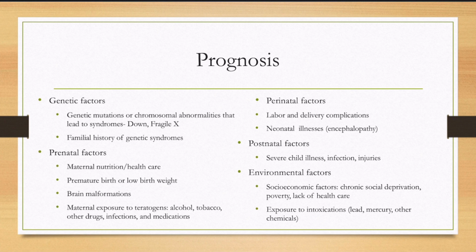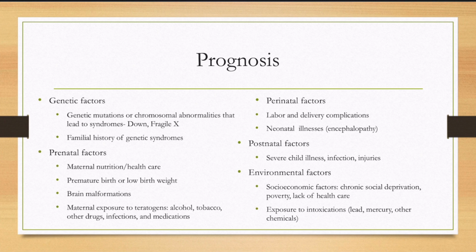We can also see deficits following complications with delivery. So, if there's a loss of oxygen to the mother or to the fetus, rather, this can lead to brain damage or any other neonatal illness. The same goes for postnatal factors.